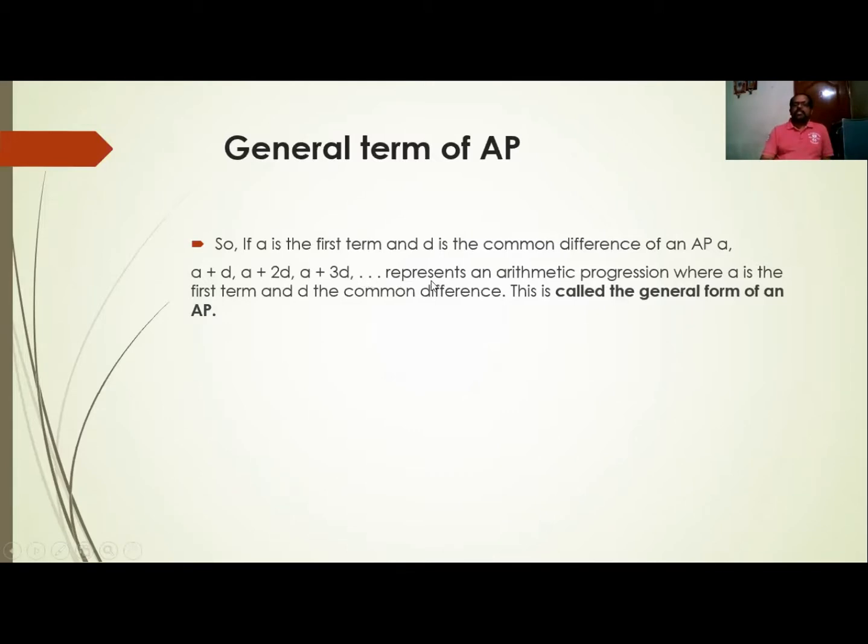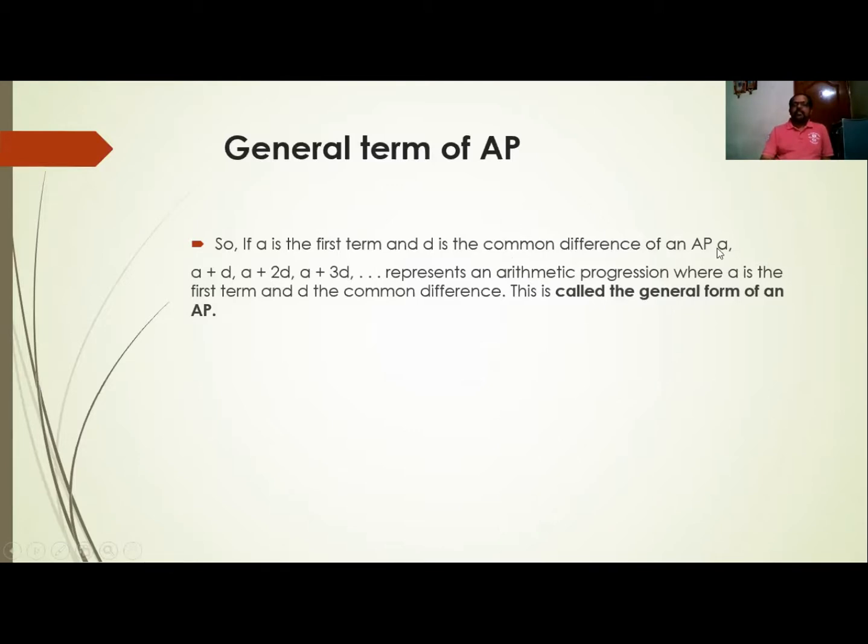So this represents an arithmetic progression where a is the first term and d is the common difference. This is called the general form of an AP. The general term we will discuss after this.